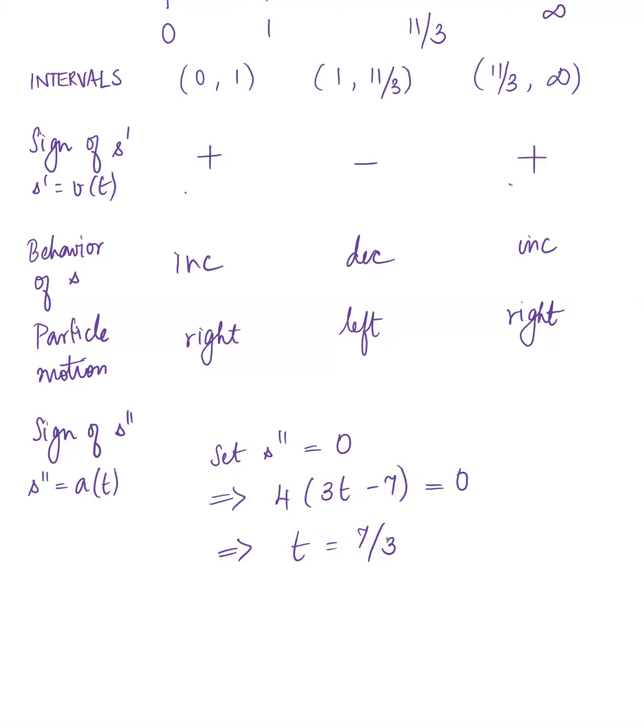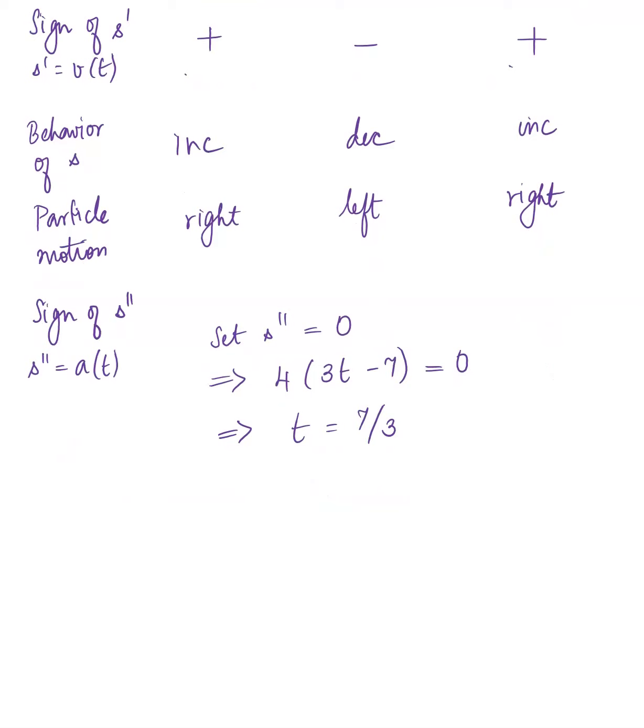So you want to split up your number line to the left of 7 over 3 and to the right of 7 over 3. But I can't go all the way to negative infinity, so I'm going to keep the starting point as 0, because that won't change.